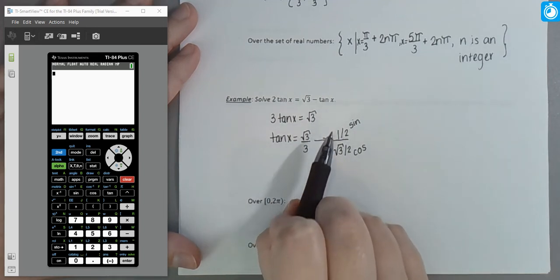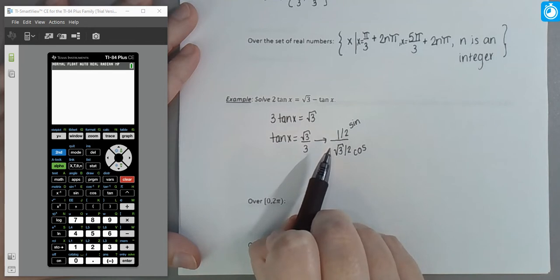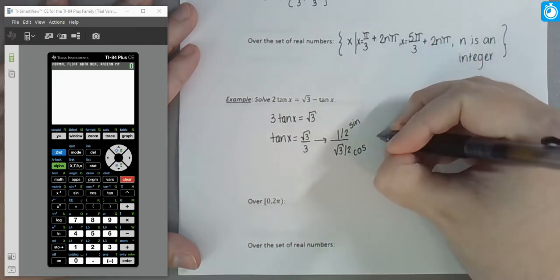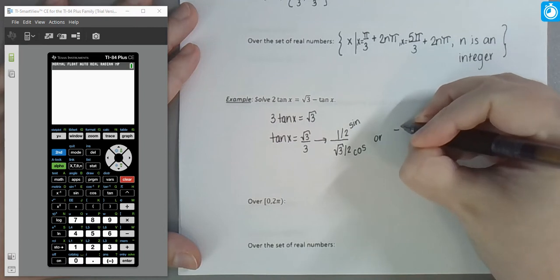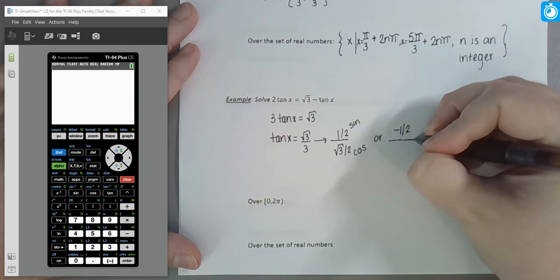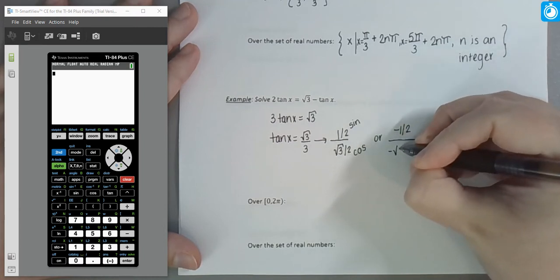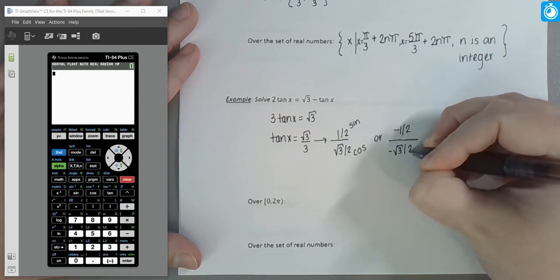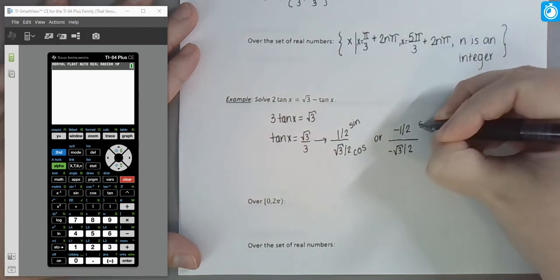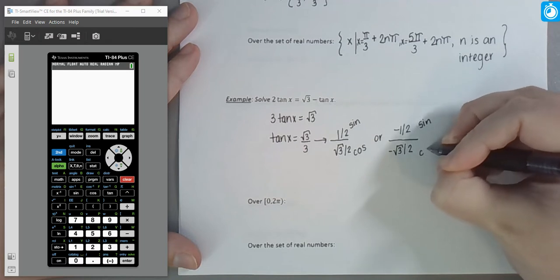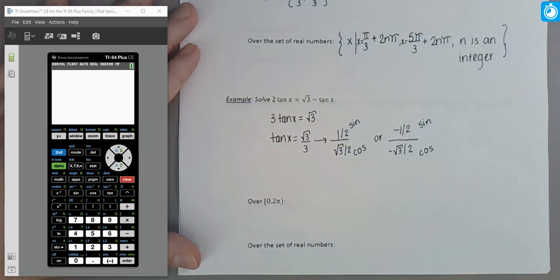So either the two values in the ratio are positive, or alternatively, they could both be negative. So another possible way we could generate this value for tangent is by having a sine that's negative 1/2 and a cosine that's negative √3/2.